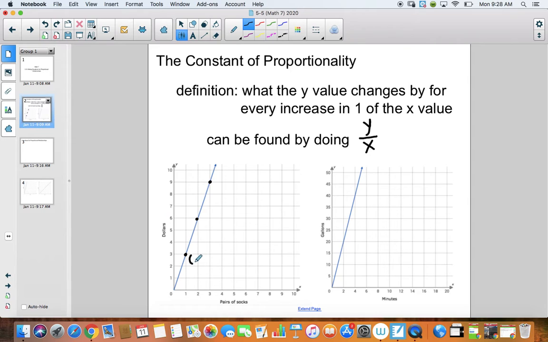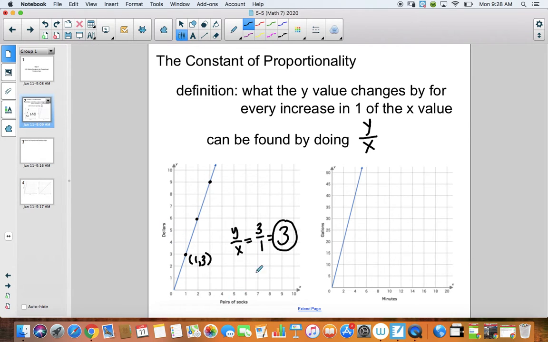So this is the point 1, 3. We need to do y over x. So 3 over 1, which is 3. So the constant of proportionality of this graph is 3. You can also say for every pair of socks, it costs $3.